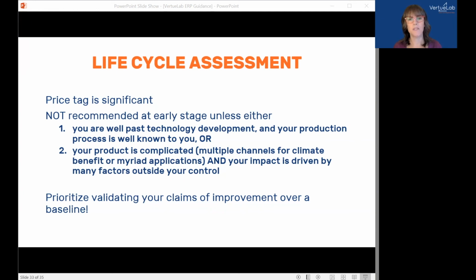Otherwise, it's a level of detail that's just beyond what's needed for our purposes at VertueLab. And it's a more valuable use of your time and energy to invest in getting validation of your claims of what your improvement actually is.